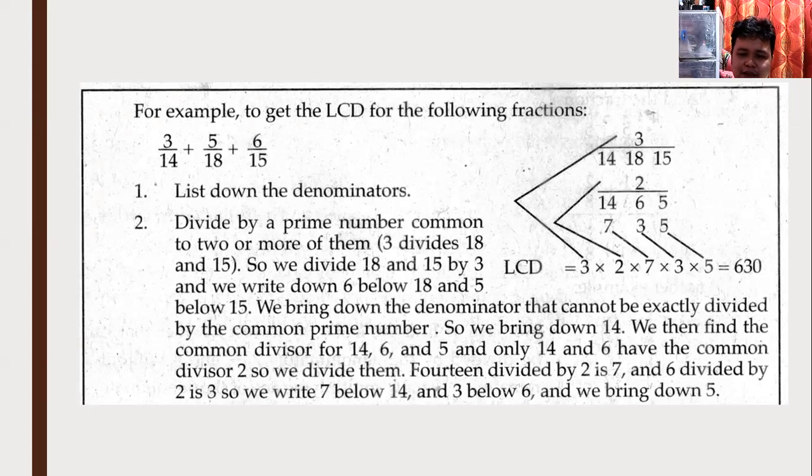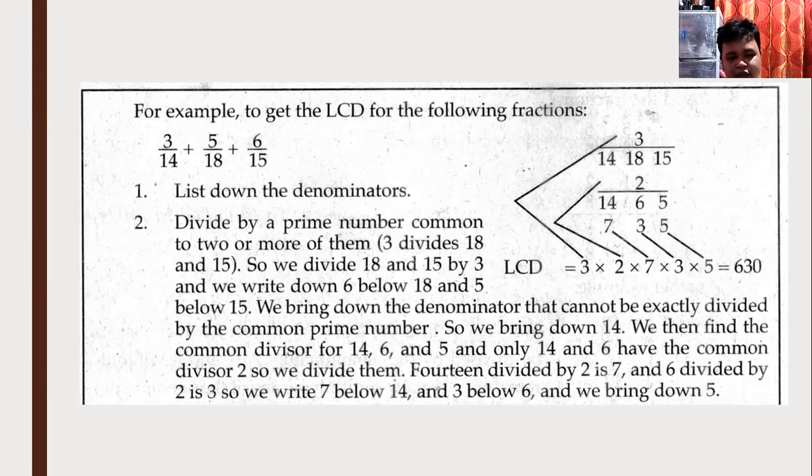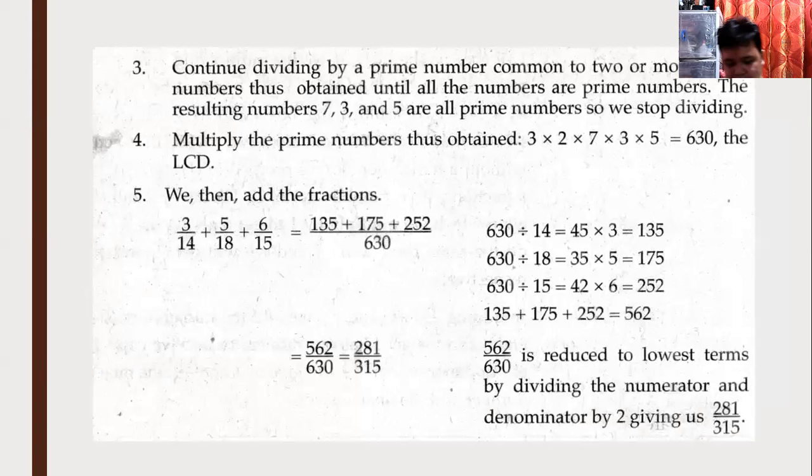Nandun na 7, 3, and 5, naging numerator nila sa taas 3 and 2. 3 times 2 times 7 times 3 times 5 equals 630. Mag-stop ka na mag-divide kapag nakuha mo na yung prime numbers. So, 630 ang kinalabasan.